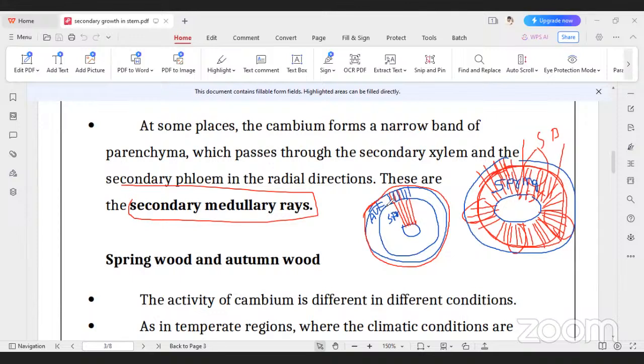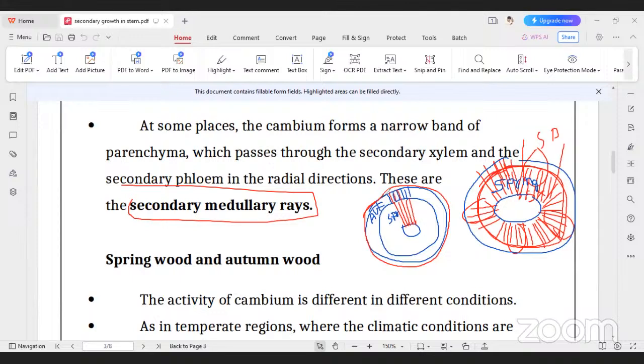In this way, there are two types of secondary xylem. Another name for secondary xylem is wood. Don't get confused with both words. The wood produced in 1 year appears in the form of a circle. Alternately, in the transverse section, if you see a mature tree trunk, growth rings are formed.